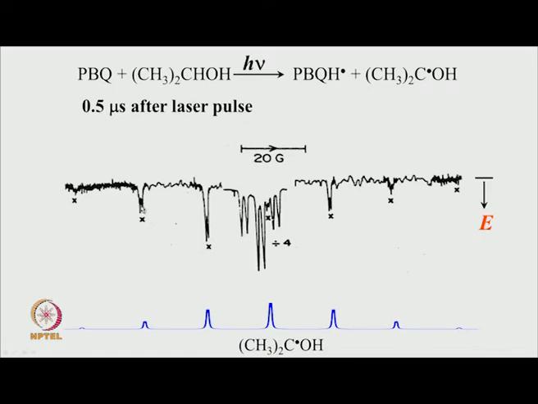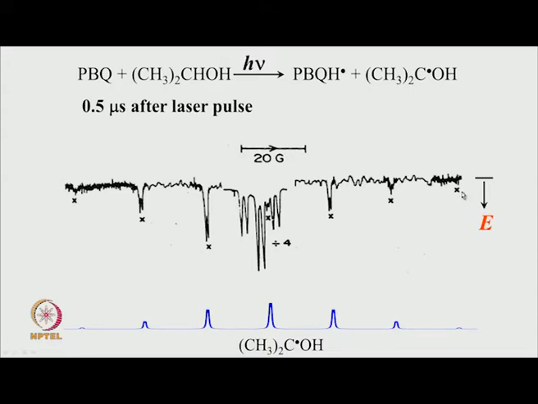So, here these lines which are marked with a little symbol actually match with the spectrum of this radical, CH3 pole 2 COH. Here, this is not seen, but one could presumably believe that the partner of this must be here.